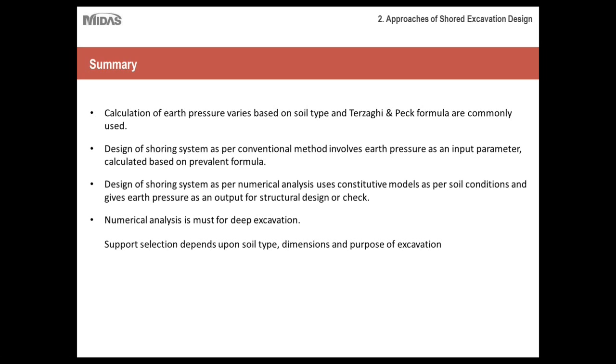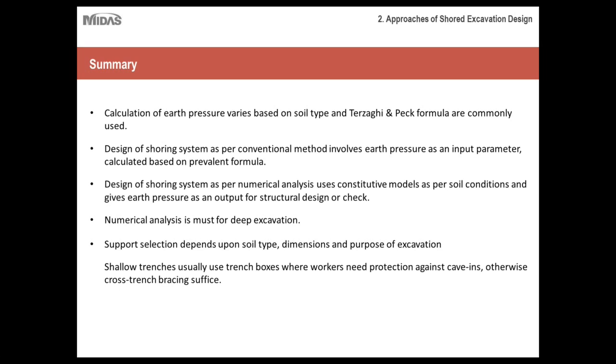Numerical analysis is a must for deep excavation. And support selection depends upon soil type, dimensions, and purpose of excavation, whether it is a utility or non-utility excavation. Shallow trenches usually use trench boxes where workers need protection against cave-ins. Otherwise, cross-trench bracings would suffice.